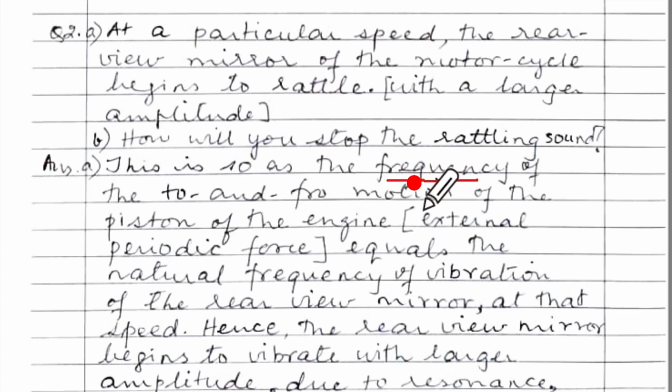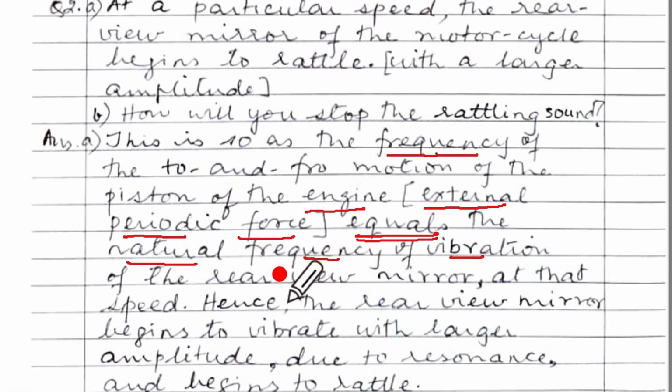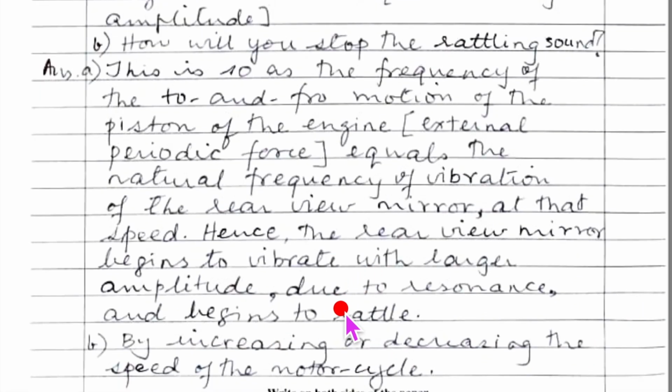This is so as the frequency of the to and fro motion of the piston of the engine, which is the external periodic force, equals, double underline that, the natural frequency of vibration of the rear view mirror at that speed. Hence, the rear view mirror begins to vibrate with larger amplitude due to resonance and begins to rattle.